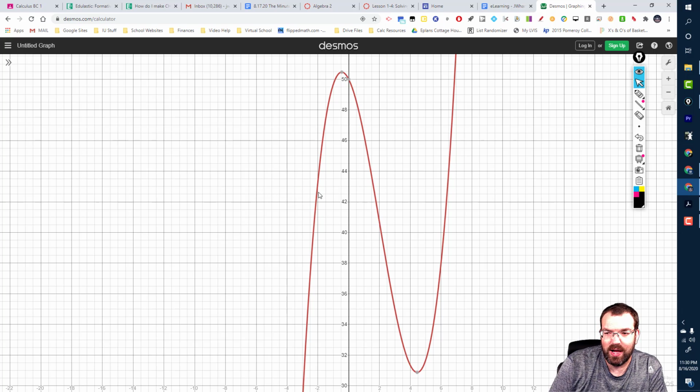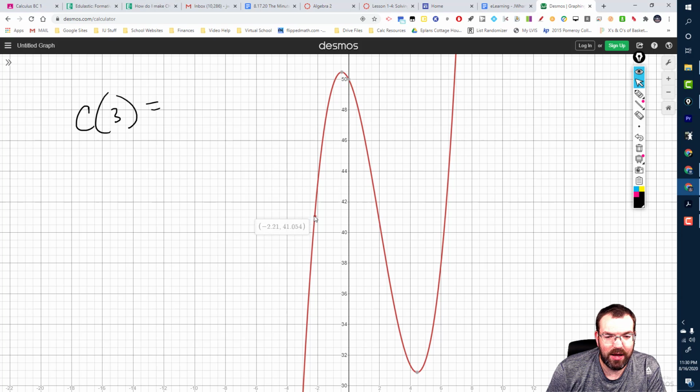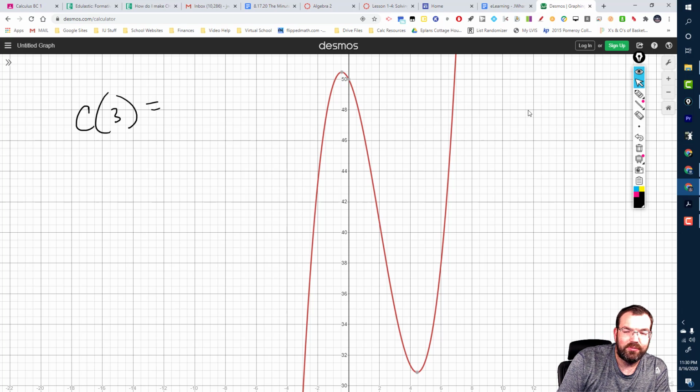So if I want to find C of 3, I want to find out what it equals. All I have to do is click on the graph to find where the first value is positive 3. And if I keep going, I'm going to find a positive 3 somewhere in this area here. See if I can find it. And somewhere, right there. 3 comma 35. So this is 35.